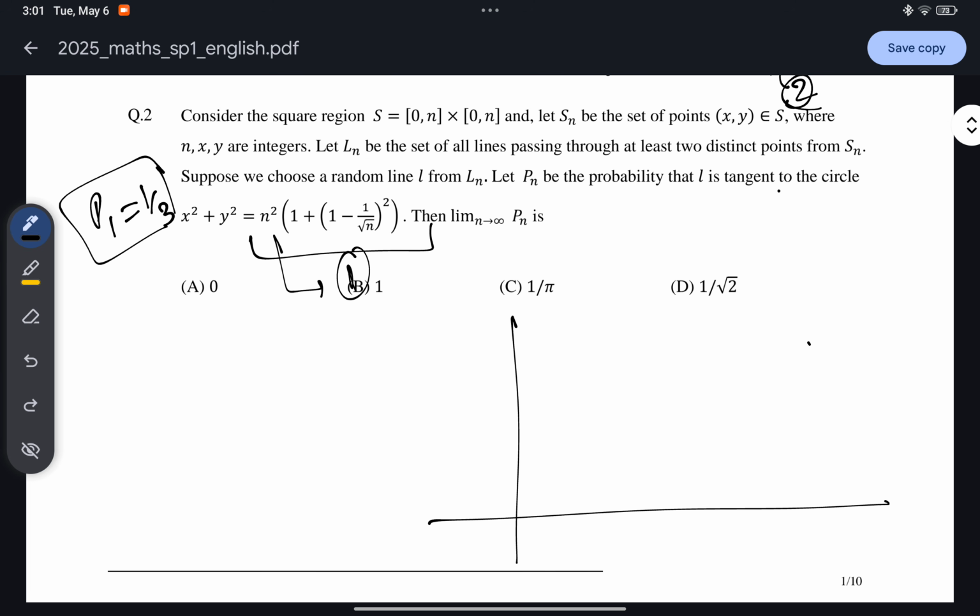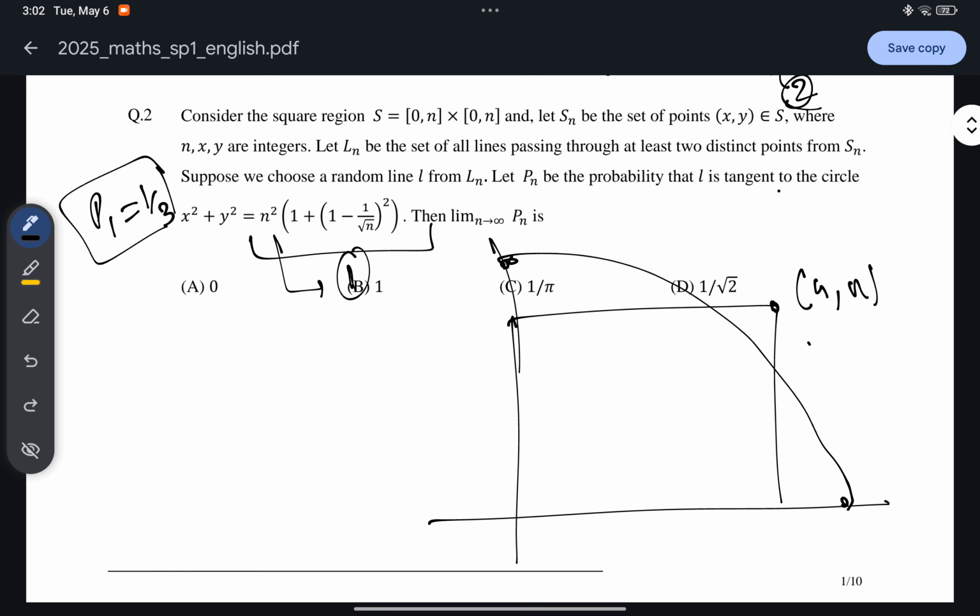So this is some n comma n. When I draw for any generalized n, I should get something like this. It may cut here, but no points are going to be such that we can make a tangent on this.